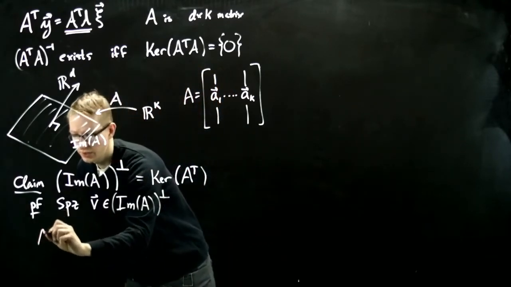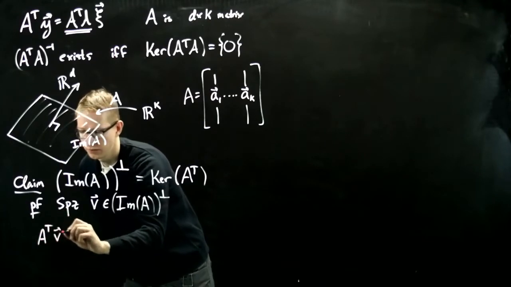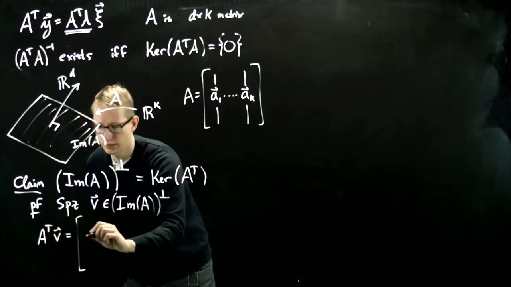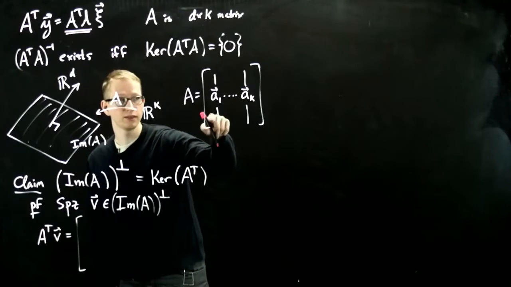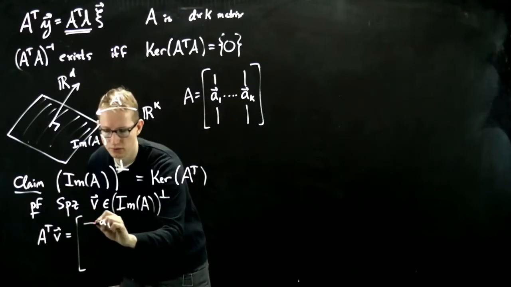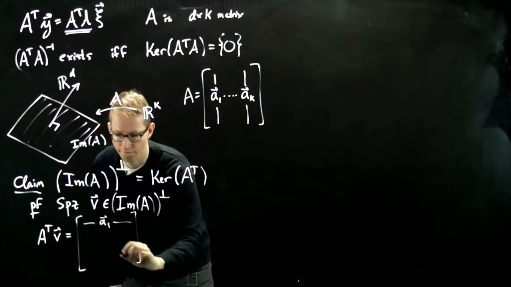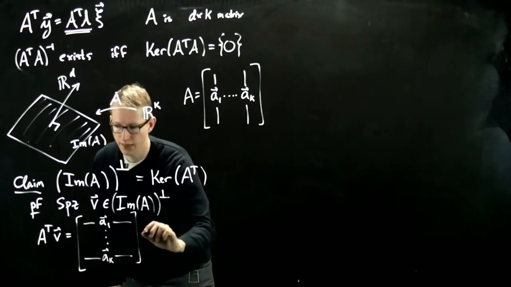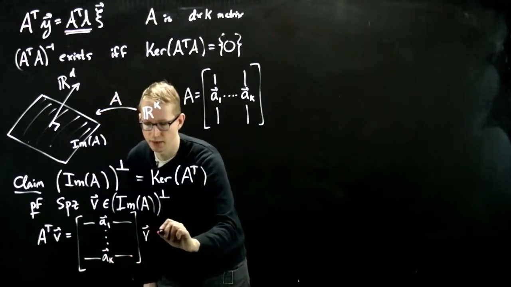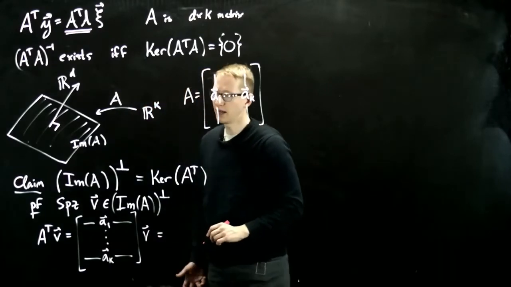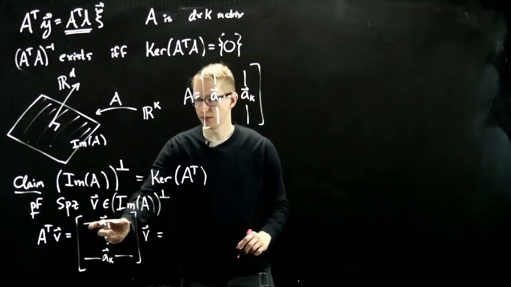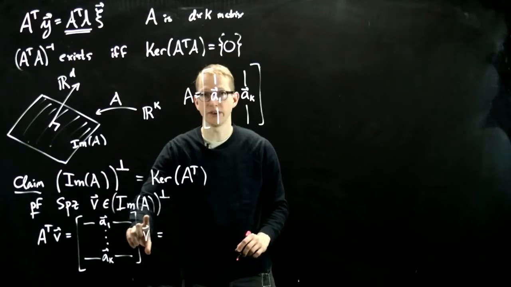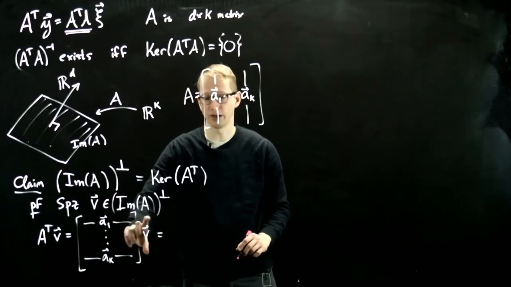So when we take A transpose applied to V, what do we get? So we'll write the matrix A transpose. Now we take these columns and turn them into rows. And we apply it to the vector V. But matrix multiplication tells us that when we do this, we take this row and multiply it by this vector. In other words, we take the dot product.